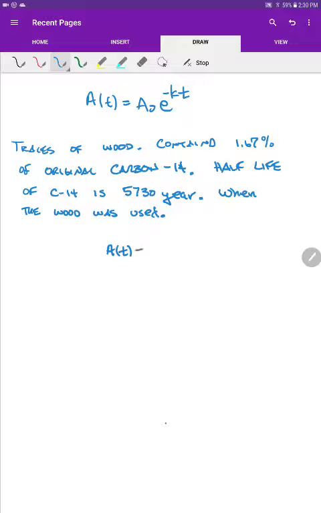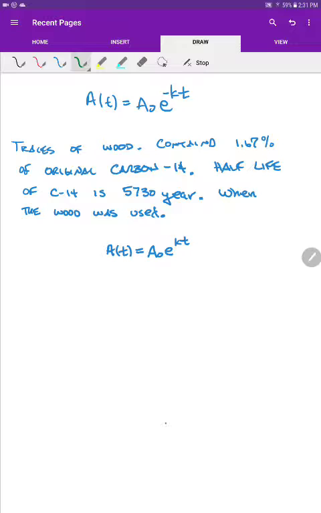So let's start with our equation. A of t equals A0 e to the minus kt. Or we can leave off this minus, and we'll take it into account when we figure out what k is. So our k will turn out to be a negative value if we do these calculations correctly.